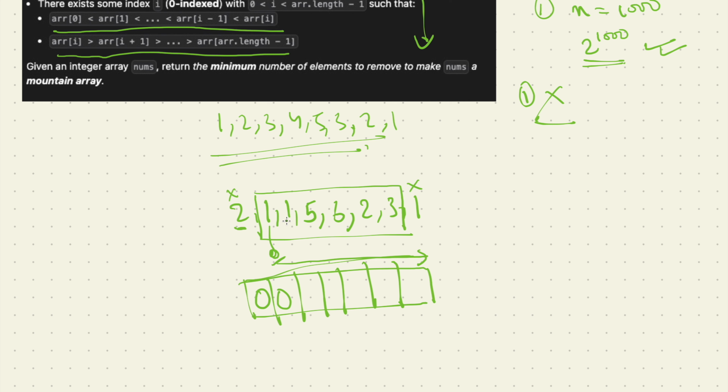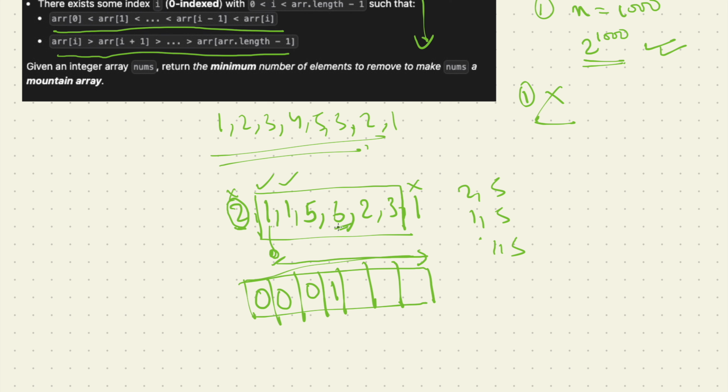Again 1. 1 should be greater than either 1 or 2. Can we form a peak? No. For 5 we can see that with 2 it can form a peak. It can be 2 5, it can be 1 5, and again 1 5. So we take the peak value over here, which is 0, and add 1 to it. So 0 plus 1, 1.